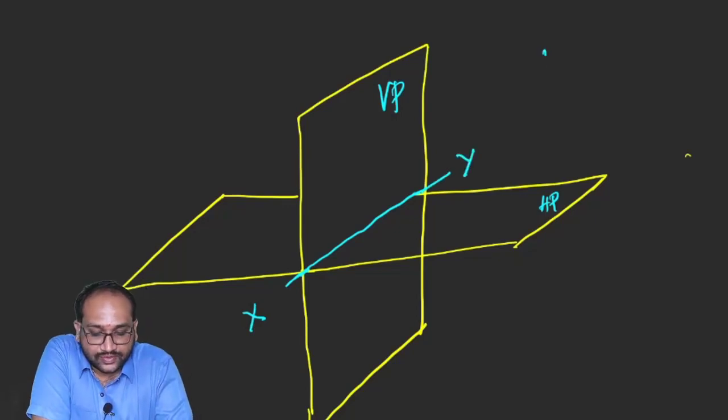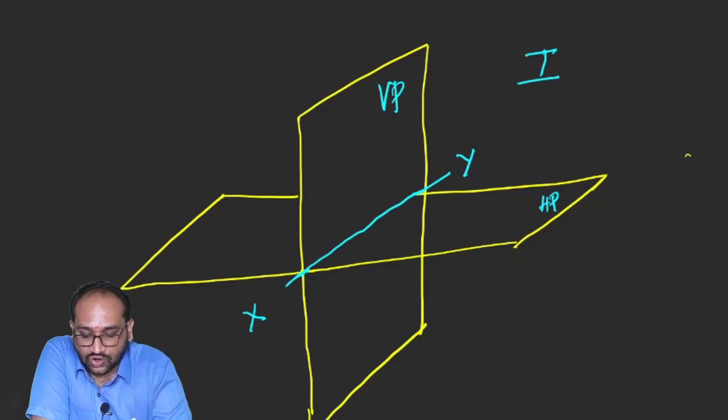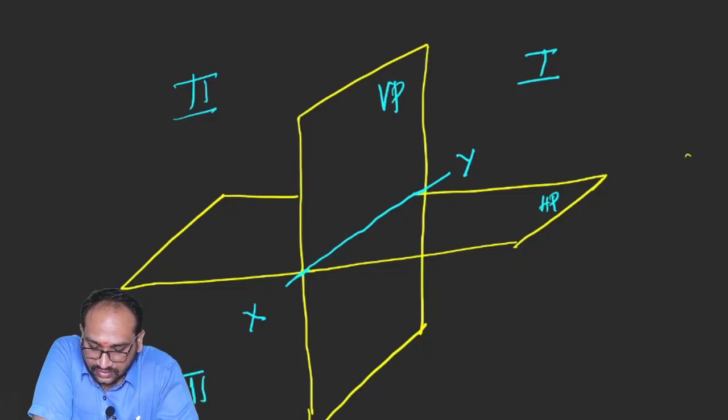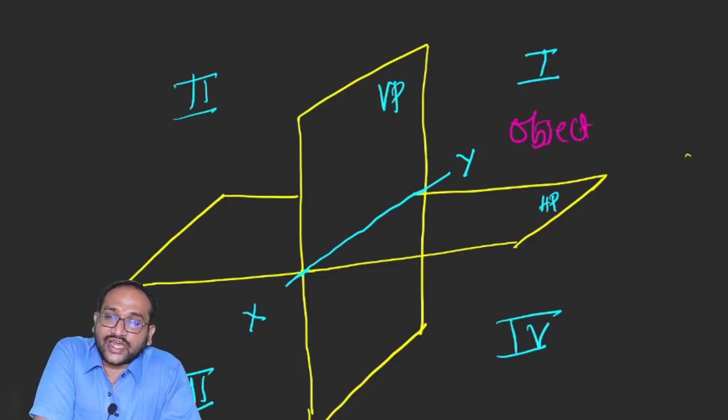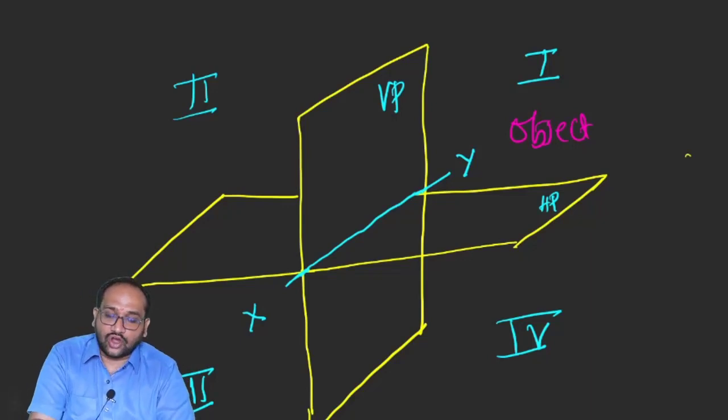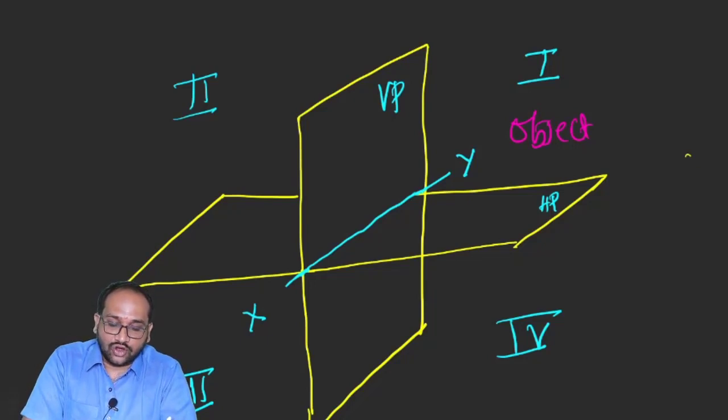This is the first quadrant, this is the second quadrant, third quadrant and fourth quadrant. If the object is placed in the first quadrant, it is known as first angle projection. Similarly, if the object is placed in the second quadrant, it is known as second angle projection, if placed in the third quadrant, third angle projection, and if placed in the fourth quadrant, fourth angle projection.